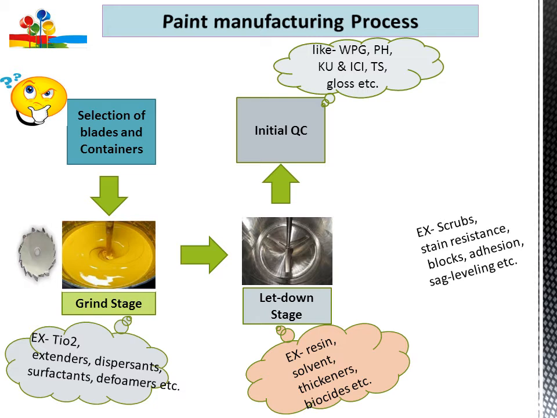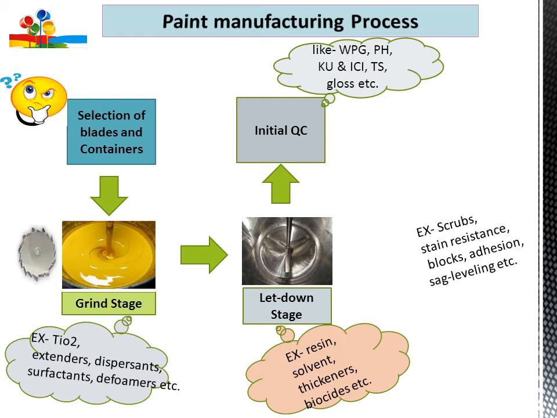Then we check TS. TS means tinting strength. Why do we check tinting strength? Just to confirm that whatever extenders and pigment we have added are dispersed properly or not. Then we check gloss. Whatever product we are making, we check its gloss.